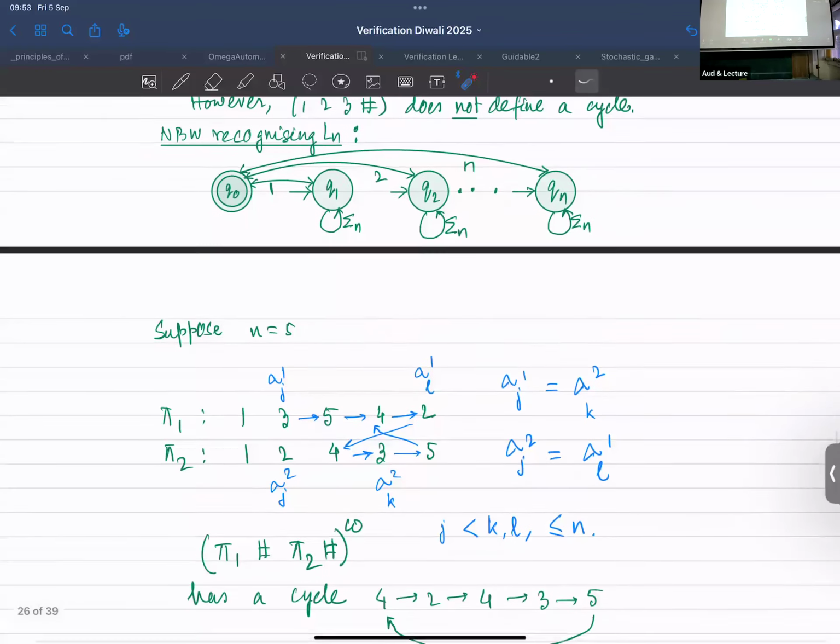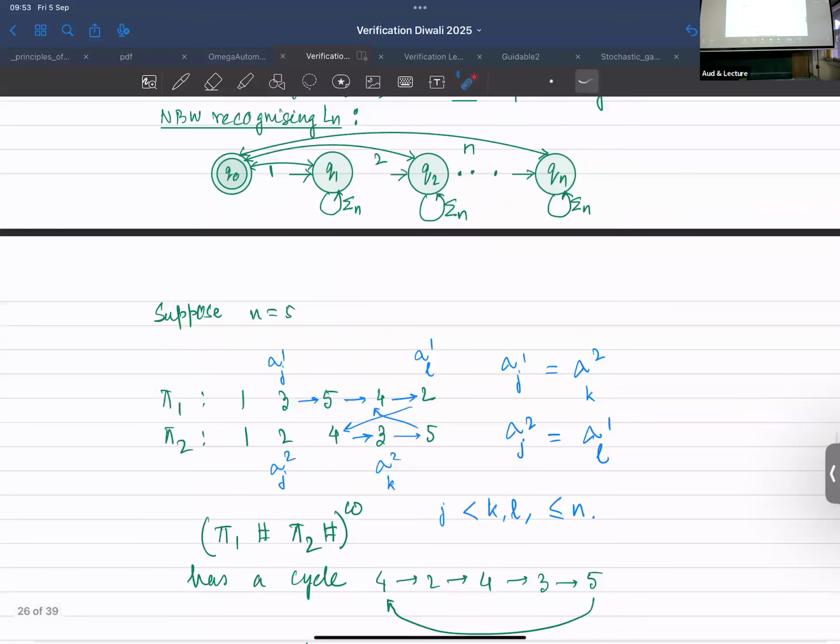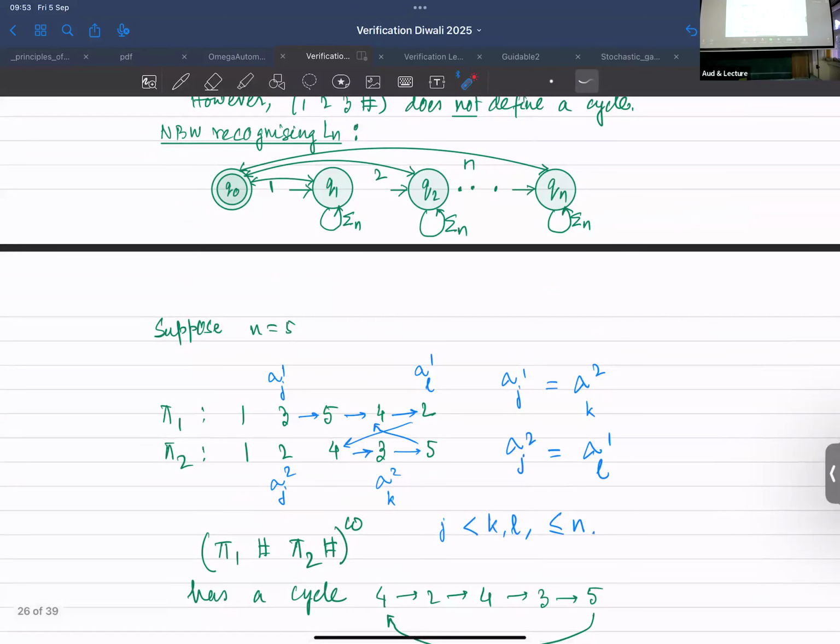Let's talk about a slightly more complex example. Let's say my n is 5. This example will be useful when we do the proof. I have a permutation of 1 to 5, which is pi 1, and another permutation of 1 to 5, which is 1, 2, 4, 3, 5.